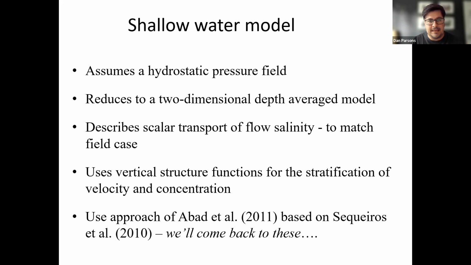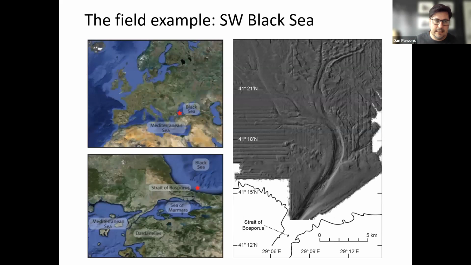So the density in the Black Sea case is driven by salinity, and I'll talk a little bit about that in a second. We look at vertical structure functions to apply a stratification to the velocity and concentration, and then we can use that to look at the ways in which stratification results in different flow processes.